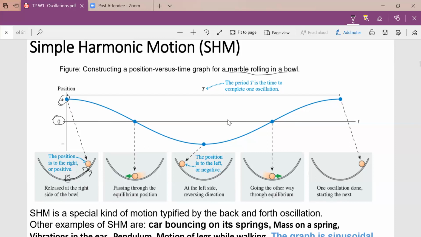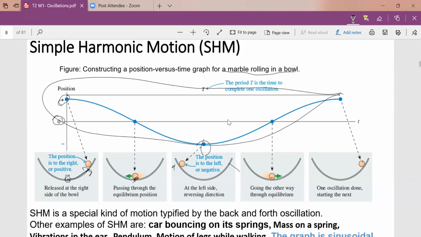And then it goes back to a rest position 0. And then it goes again to the left, which is a negative position, coming to the same displacement as to the right. So we'll have a peak here on the negative side. And then it comes back to the rest position, then goes back again. So we'll have a full complete cycle here.